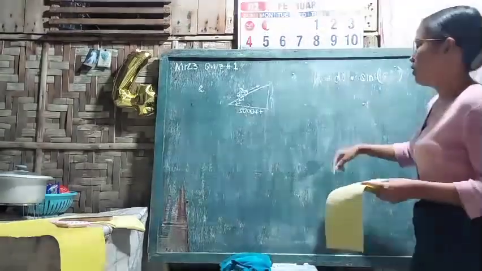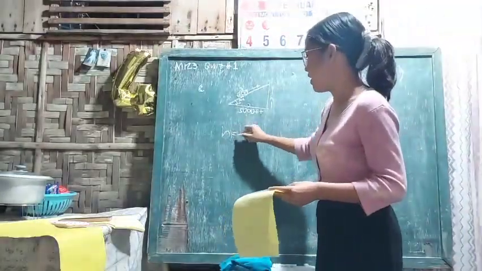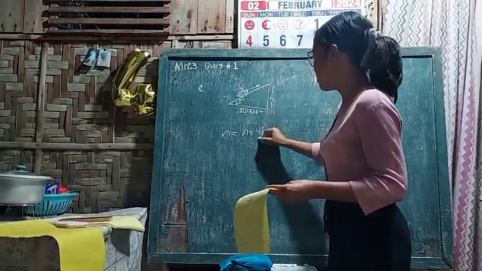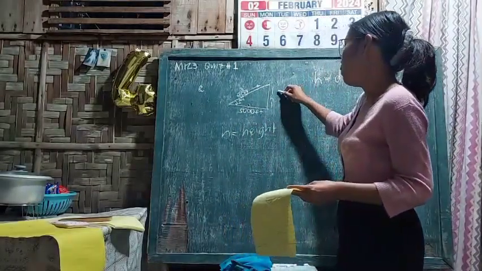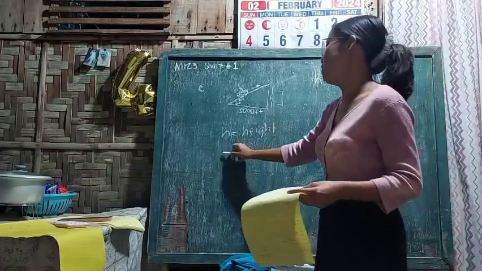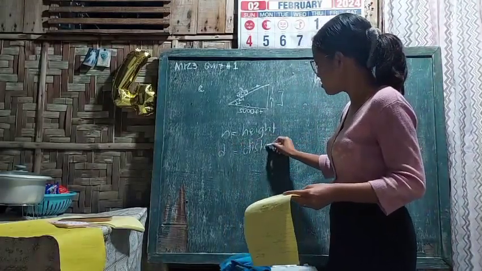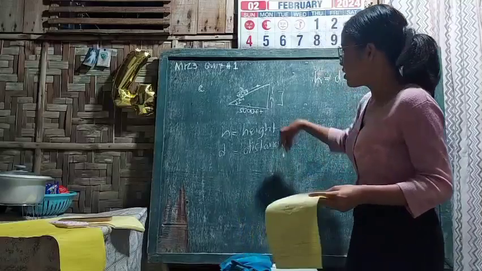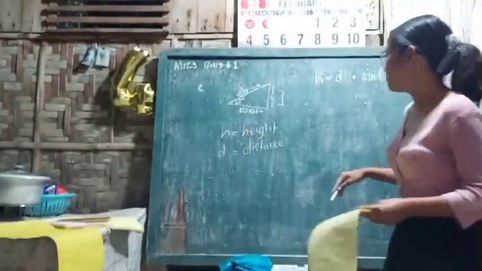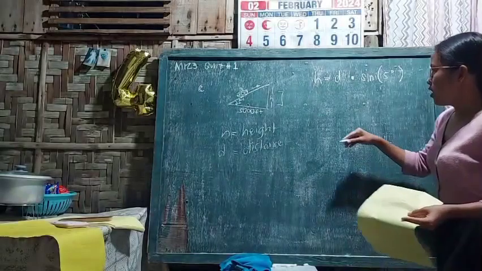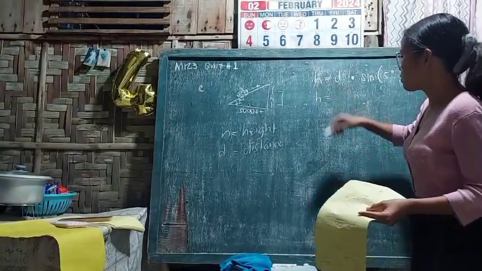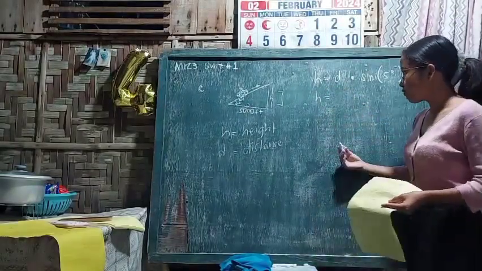H stands for the height, which is what we are going to look for, and D is the distance the driver traveled along. So we are now going to substitute our values.